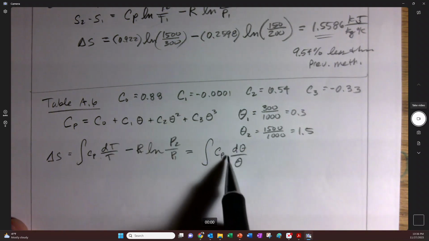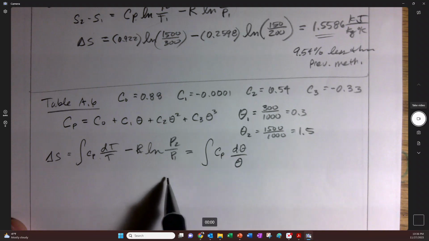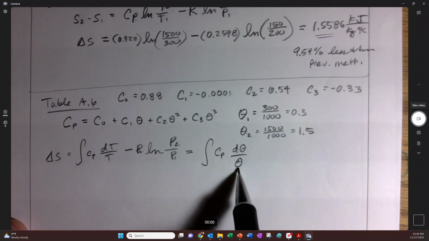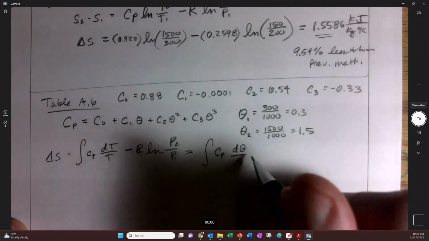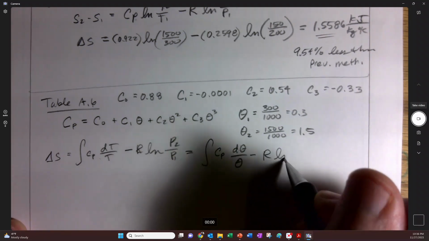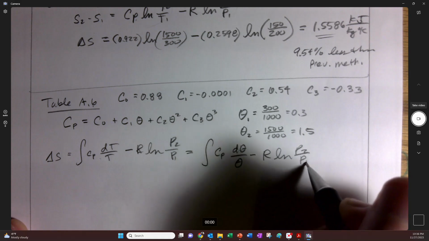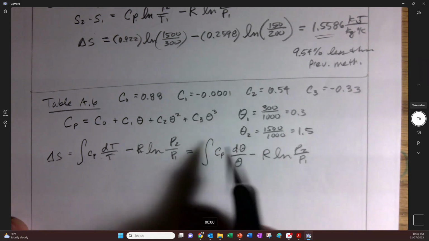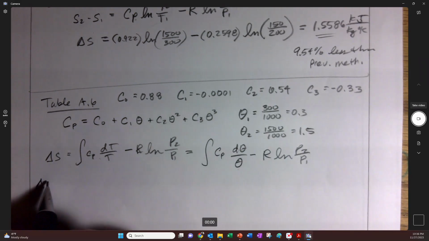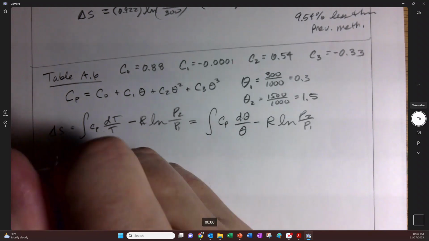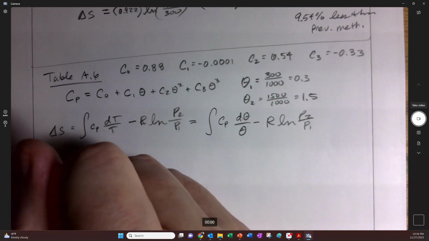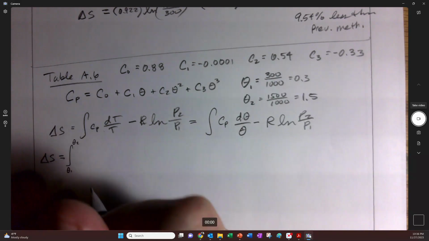There's nothing stopping us from doing that. We just divided both of these by 1,000, so it doesn't really matter, but it helps conceptually to write it down to remember what we're doing. So delta S is now going to be equal to this big ugly thing. We're going to integrate from theta 1 to theta 2.